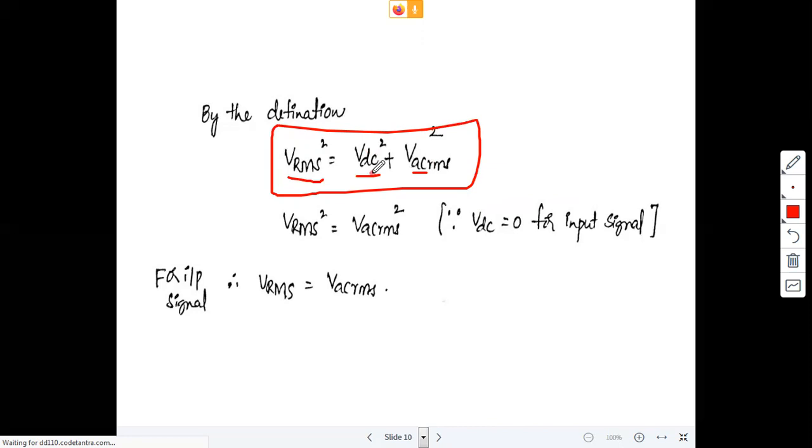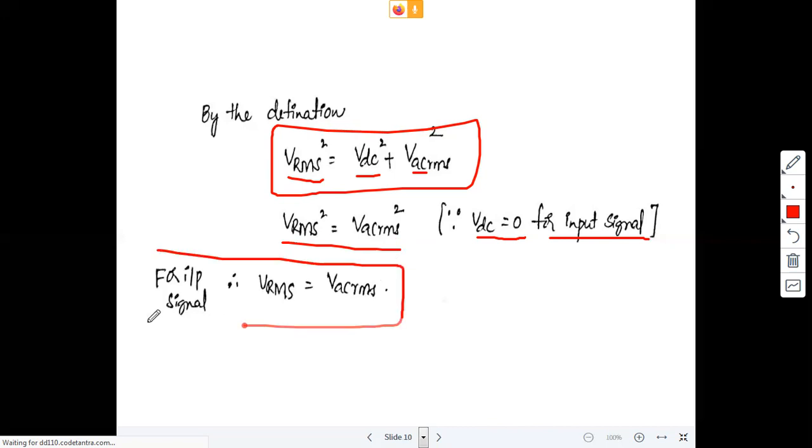For sinusoidal input, the DC value is equal to 0. So Vrms squared is equal to Vac,rms squared. This is for the input signal. Remember this: for a sinusoidal input signal, Vrms is equal to Vac,rms. That means for sinusoidal input, the AC RMS is equal to the Vrms voltage.